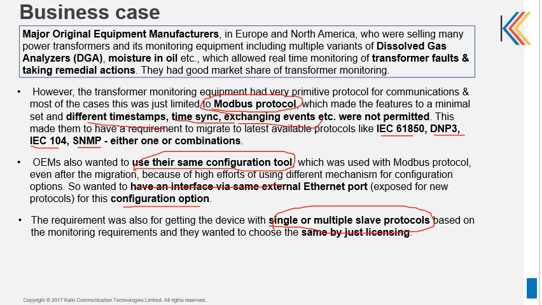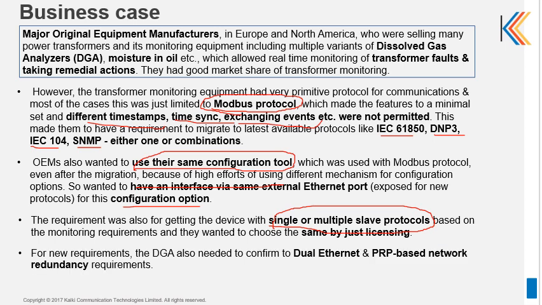In some cases they want 61850, in other cases 104 or DNP3, and they want that managed by just licensing. They do not want to complicate the system, just licensing or pluggable interface cards, to migrate to copper or fiber.